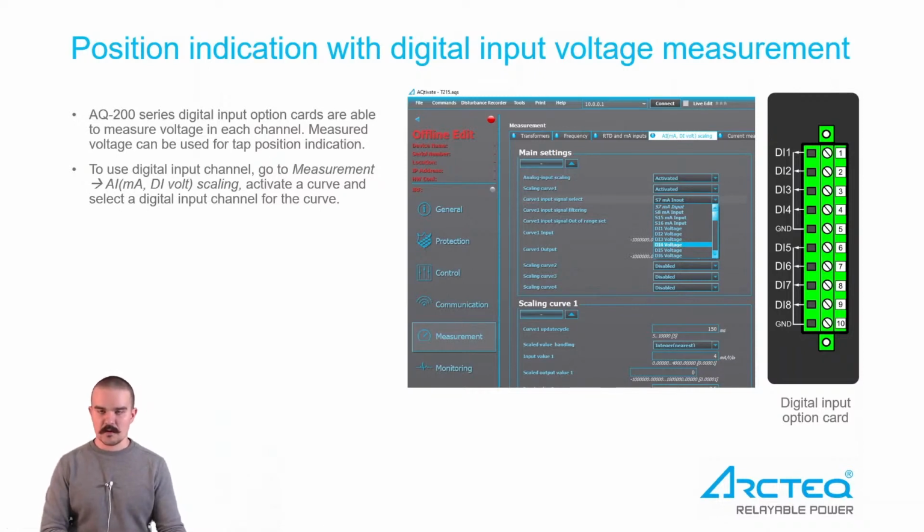One thing to note though is that you cannot choose nowadays these digital input 1, 2 and 3 voltages, because these do not measure voltages anymore. It's only these digital input option cards that are able to measure voltage.